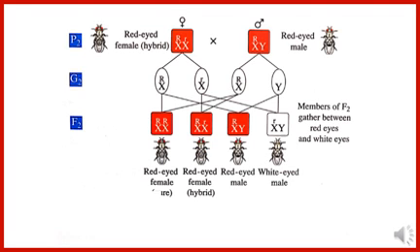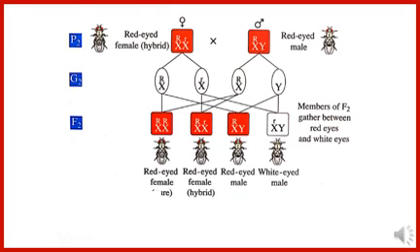When we cross them together, the result will be a pure red-eyed female XX with R capital, a hybrid red-eyed female XX with R capital, R small, a red-eyed male XY with R capital on the X chromosome, and a white-eyed male XY with R small on its X chromosome.